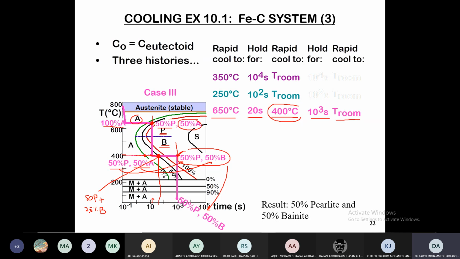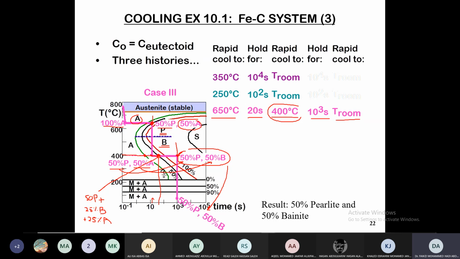And you have also 25% austenite. Okay, so we are at this point. What are the phases, the microstructures we are having? You quench from 400 and give it enough time up to reaching that point. Now at that point we have 50% perlite, 25% bainite, and 25% unstable austenite, which we are having here.